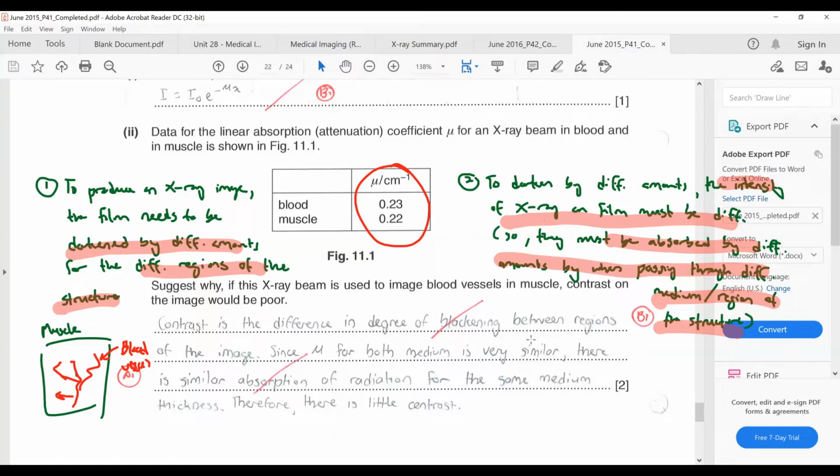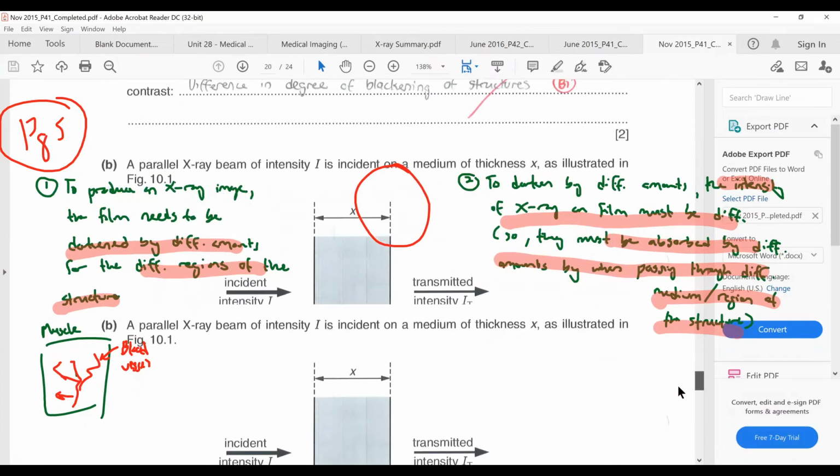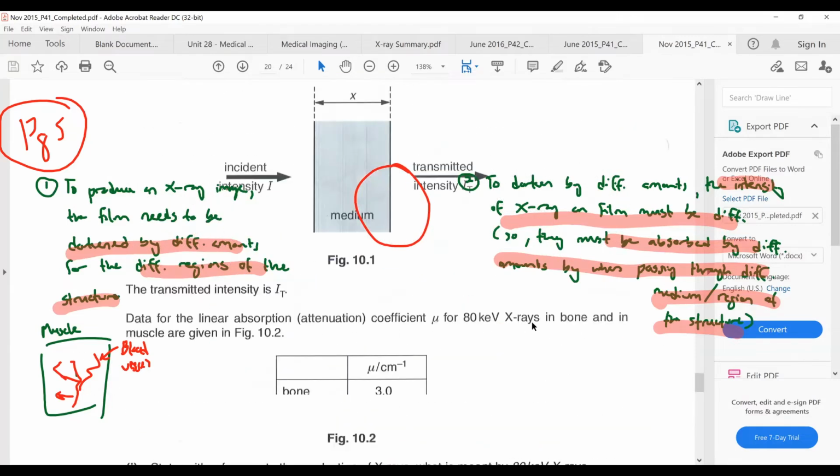Have a look at page 5. It is November 15 P41. That one is question 10.